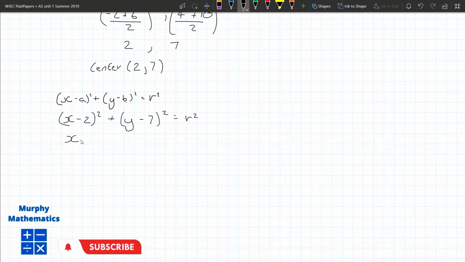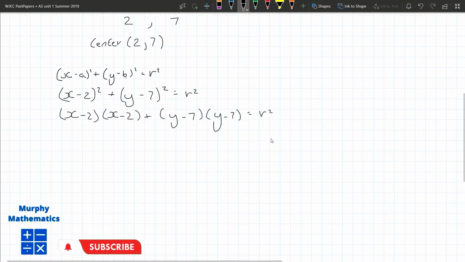So x minus 2 all squared, I'm just going to have x minus 2 times x minus 2, plus y minus 7 times y minus 7, and that is equal to r squared.